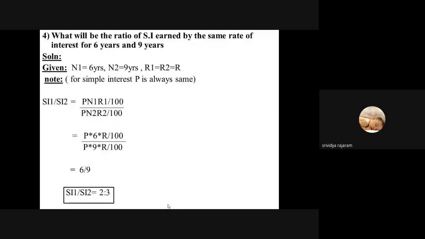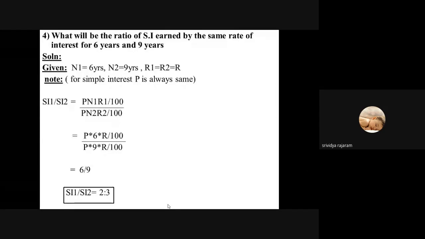So P into 6 into R by 100, divided by P into 9 into R by 100, since the rate of interest is also the same, as mentioned in the question.